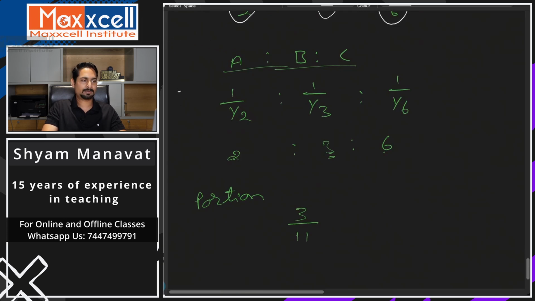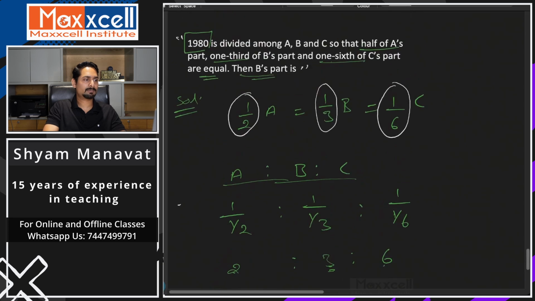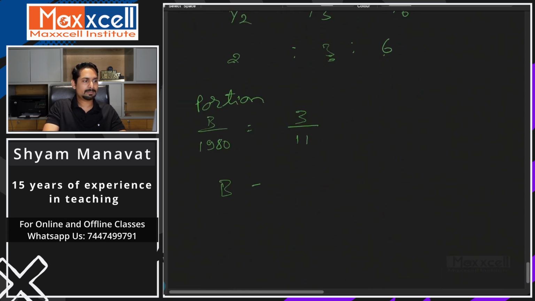11. So we got B by total. That's the ratio. And if I only want to find B's value, the total is nothing but 1980. So what is B's value here? B's value will be 3 by 11 into 1980, and see how easily we can divide 1980 by 11. 11 ones are 11.